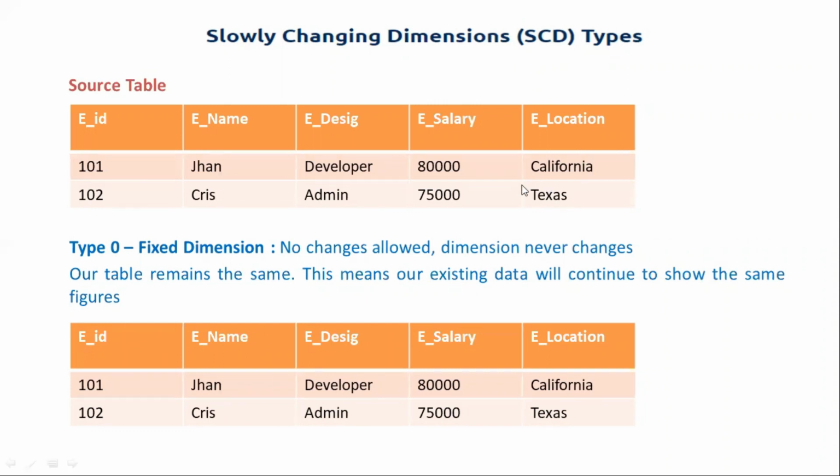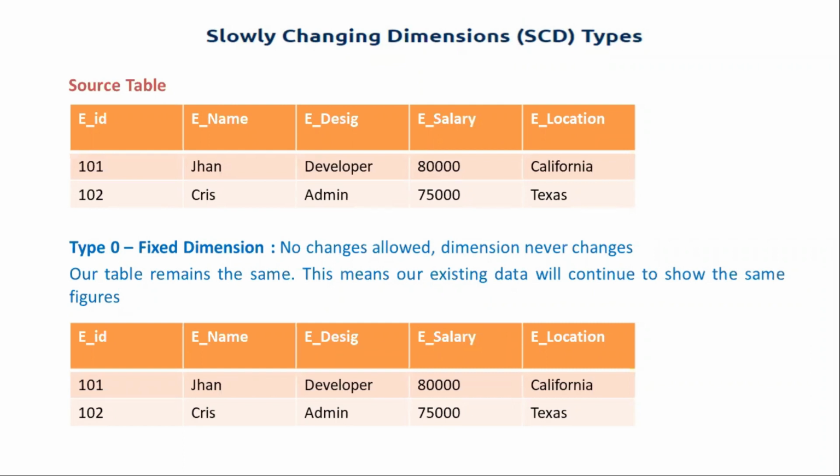Let us take an example: after some time, due to some requirement, John's salary has been changed to 90,000 per annum, and the designation also changed from developer to senior developer.